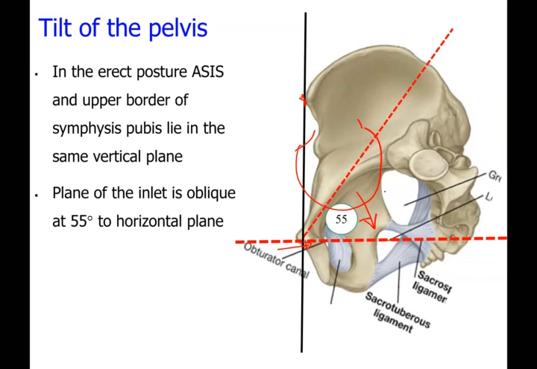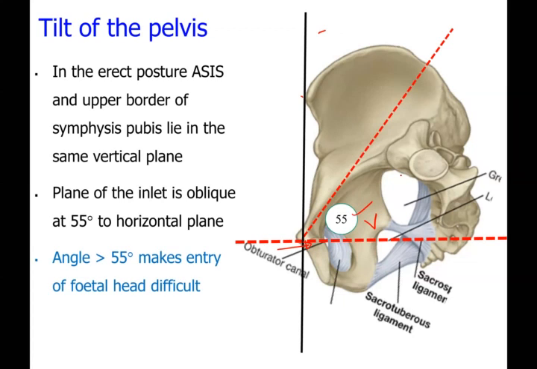The head enters the pelvic inlet, which is called head engagement, and this head engagement becomes difficult when the tilt of the pelvis is more than 55 degrees. Remember that point. So when the angle is more than 55, the entry of the fetal head, or the head engagement, becomes difficult.